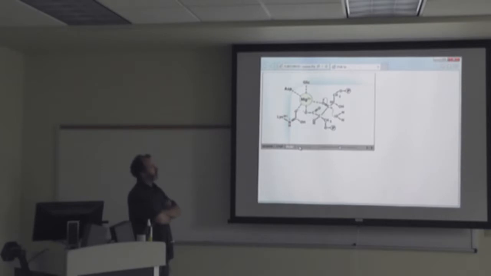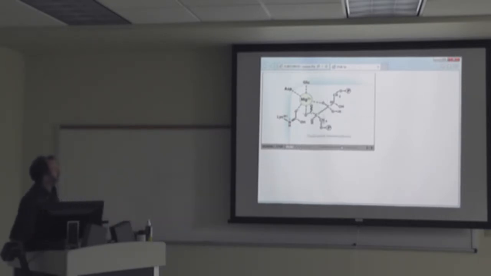Water then attacks that carbonyl. You have a hydrated intermediate because you've added water across there. Electrons drop down from that, and then these electrons have to go somewhere. You form a carbanion intermediate, and then this here is your 3-phosphoglycerate, right?